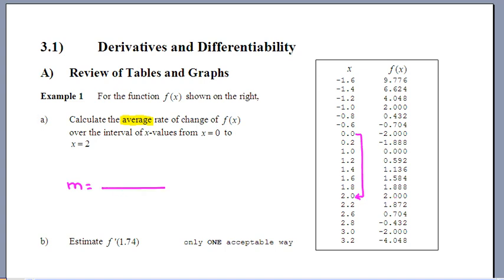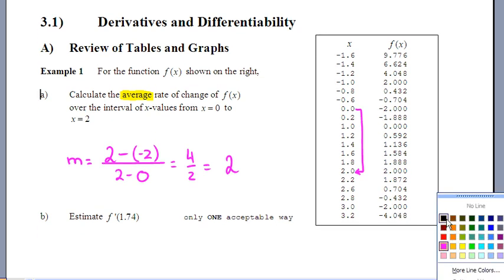So the final y value is up there at 2, and the original y value is negative 2. So we have 2 minus negative 2, all sitting on top of the run. And it looks like we go from 0 to 2. So final minus initial. Okay, it looks like we've got 4 over 2. It terminates nicely. We'll just call the answer 2. So that's an average slope, kind of a grade 10 deal.